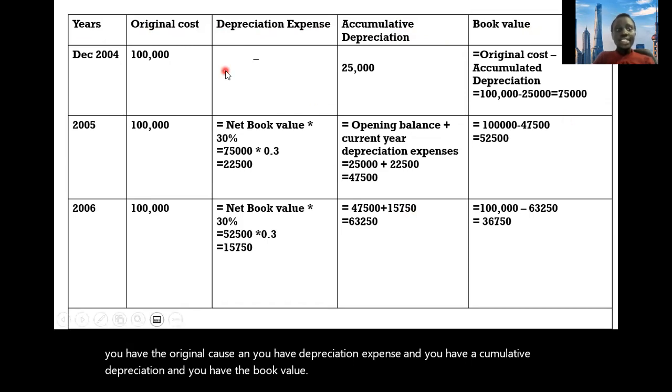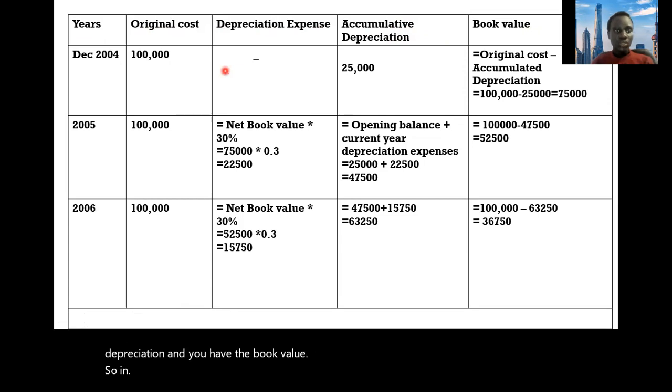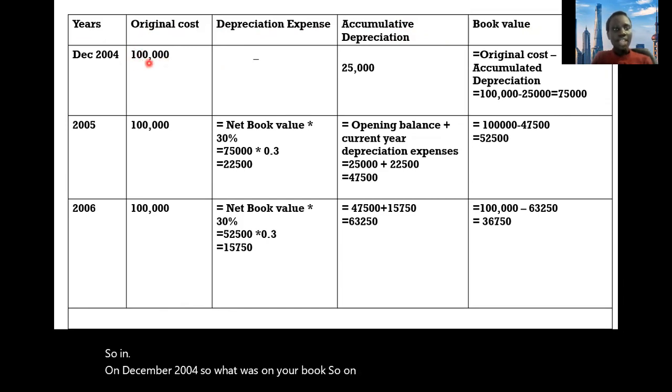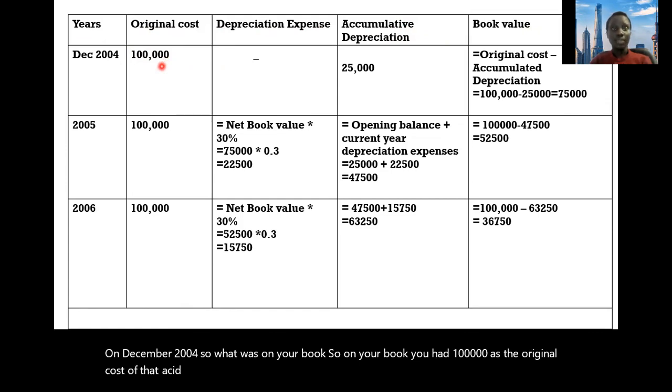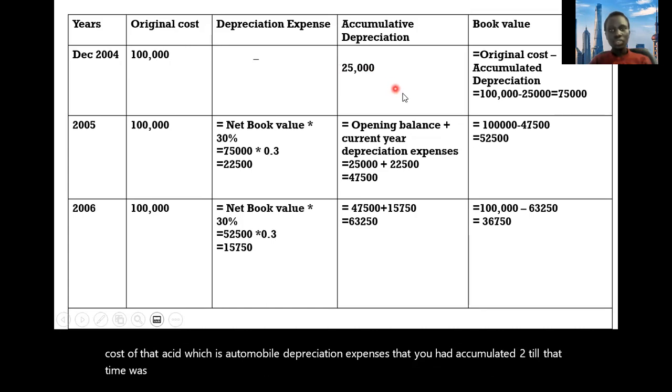So in December 2004, what was on your book? You had 100,000 as the original cost of that asset, which is an automobile. Depreciation expenses accumulated till that time was 25,000. So here you can calculate the book value.